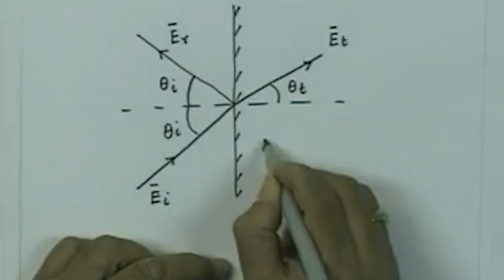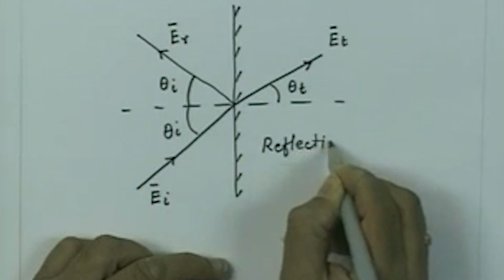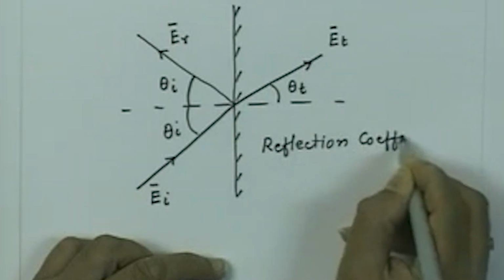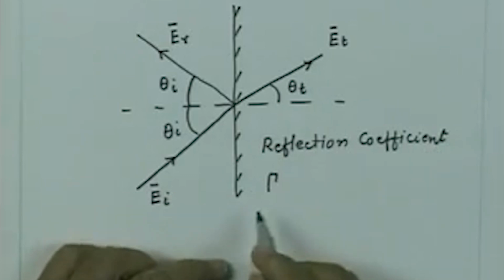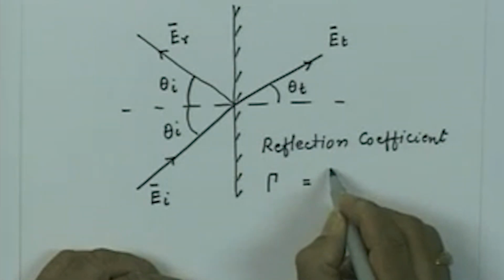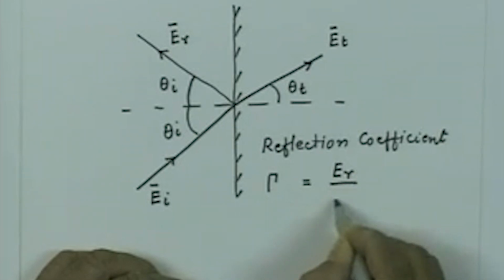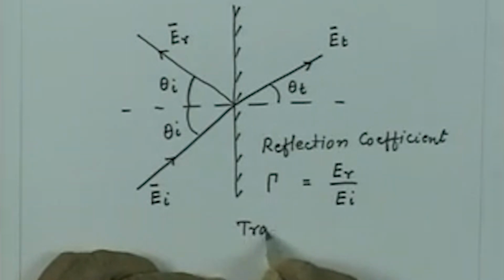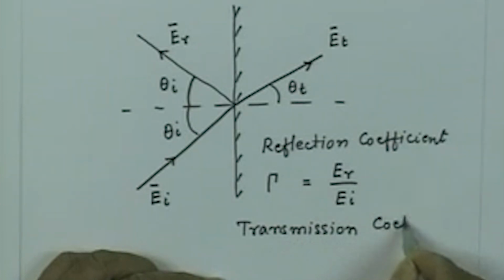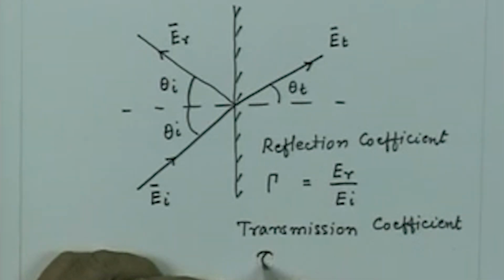One is the reflection coefficient, and let us denote that as gamma, and that is equal to Er divided by Ei, and then we can define what is called transmission coefficient, generally it is denoted by tau, and that is equal to Et divided by Ei.